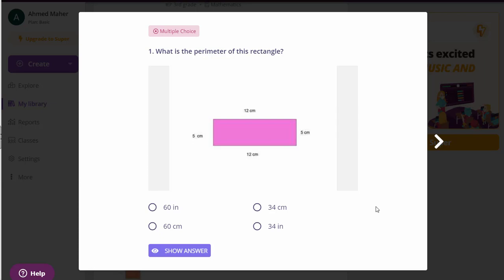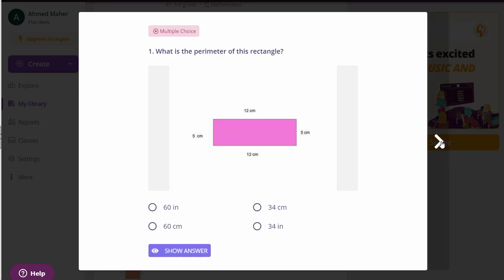Yes. And 5 plus 5 equals 10. So the answer is 34. 34 centimeters or 34 inches? Centimeters. Thank you, my hero. Great work.